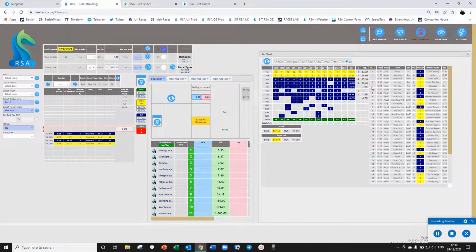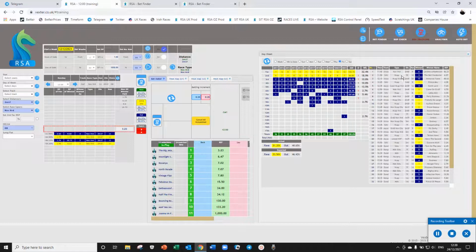So that's what the Daysheet does, but it is really important to keep an eye on it, because you do have things that happen that are worth knowing about. For example, if you've got a track that's had 5 faves and you're only expecting 5 that day, you can chase the outsiders, or don't chase outsiders if the first 4 races have been outsiders and you're only expecting 4 outsiders for the day.